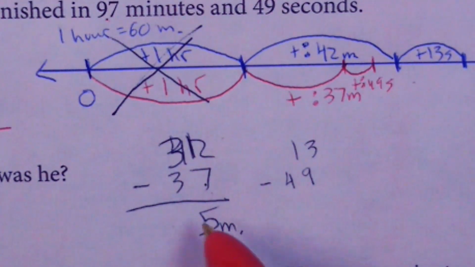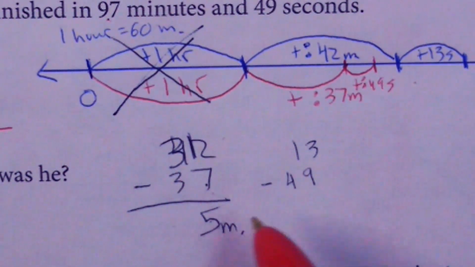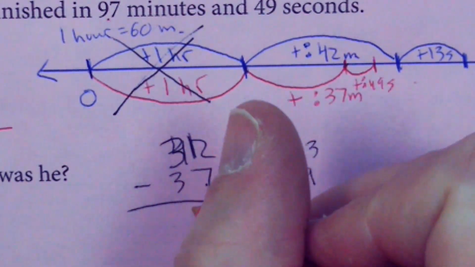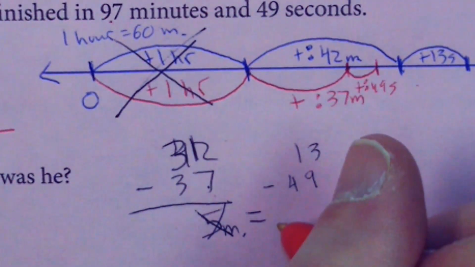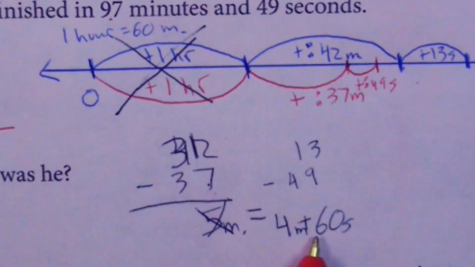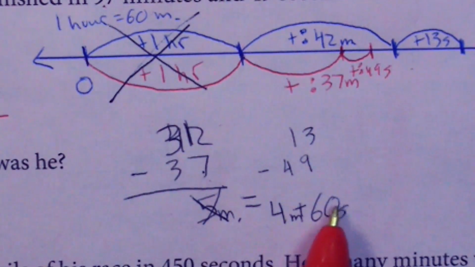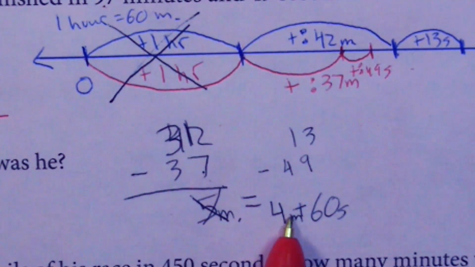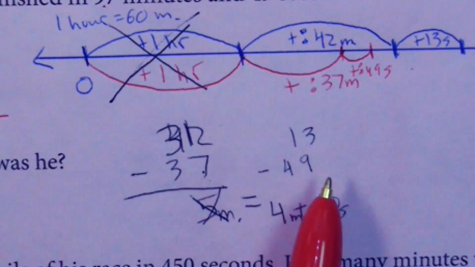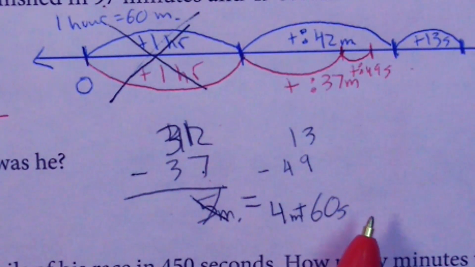We know that if we take 1 minute out of this time, I end up with 60 seconds. So if I could convert this to 4 minutes plus 60 seconds. That's still 5 minutes, because 60 seconds is 1 minute. So I can break 5 minutes down into 4 minutes and 60 seconds. That's going to help quite a bit.